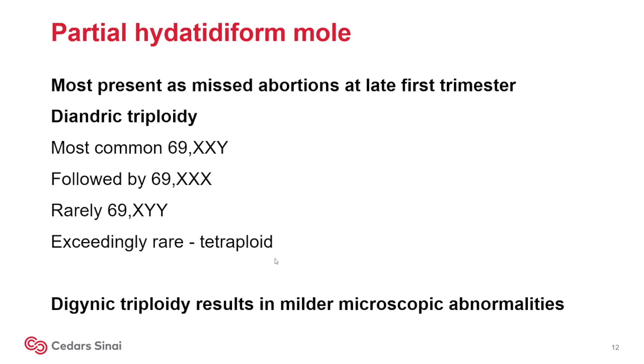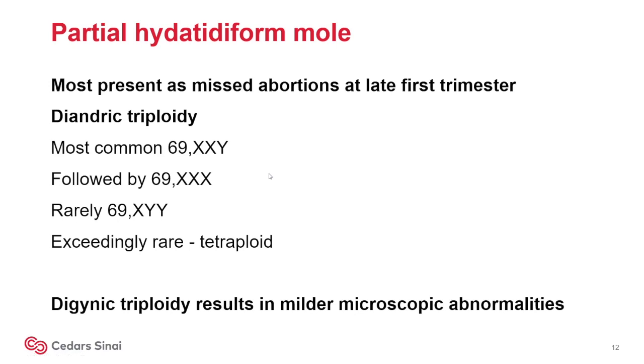But in general, what you have to remember is that they are triploid, and you basically have one chromosomal complement from mom and two from dad. So that's why diandric is two dad, and the other part of the triploidy is mom. And the most common karyotype would be 69XXY.